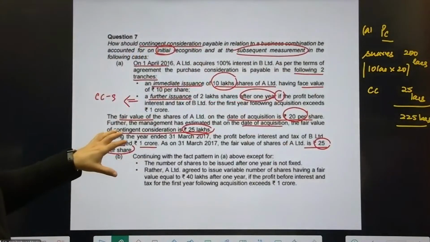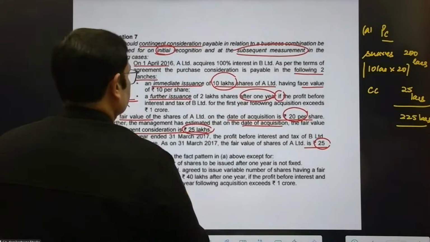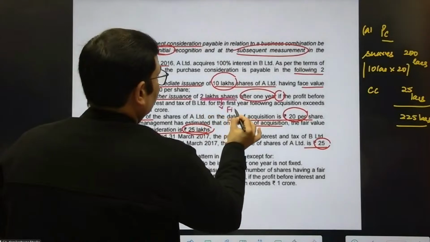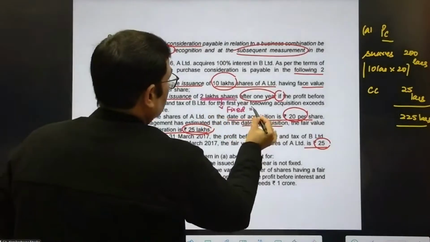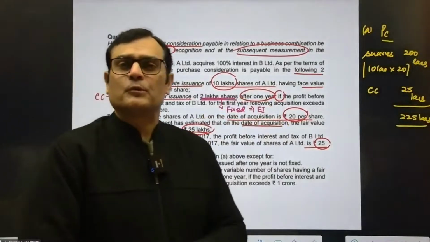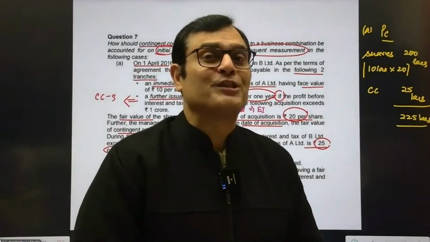I also want to understand that this company is going to issue a total of 2 lakh shares. It very clearly says that we will issue 2 lakh shares, which means it is a fixed number of shares. If it is a fixed number of shares, it is supposed to be an equity instrument. And if it is an equity instrument, no remeasurements are required at the end of the first year.